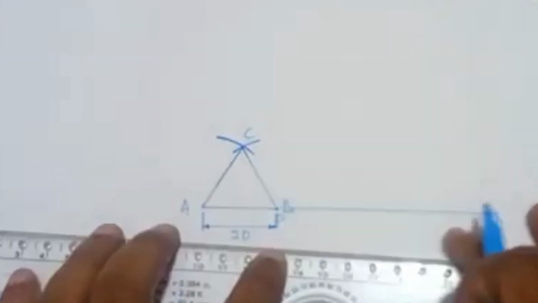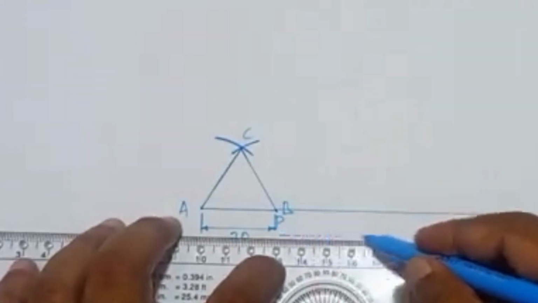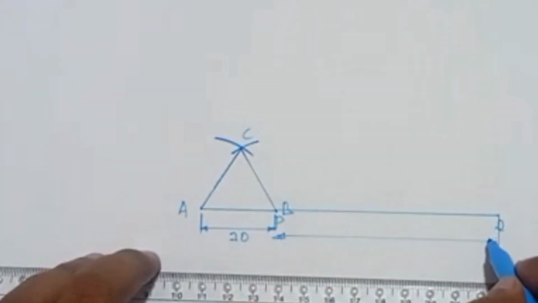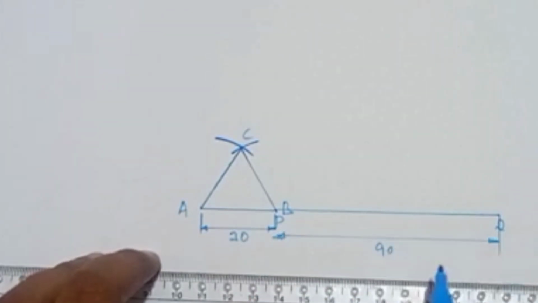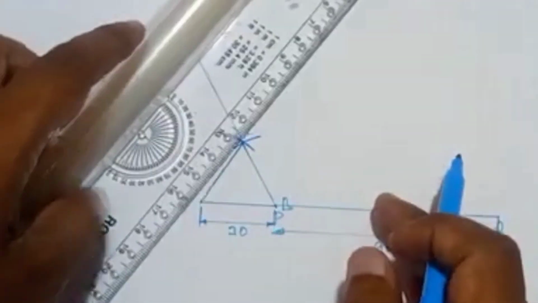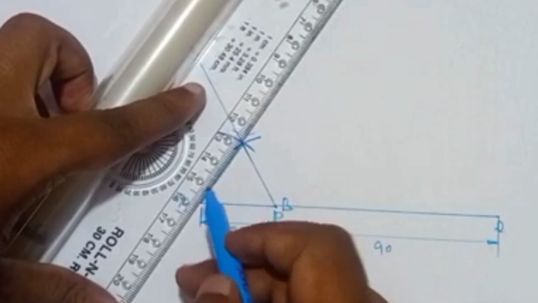The dimension here is 90 mm. Now just extend these lines so that when we construct the curve, it will be convenient for us to draw the arc.